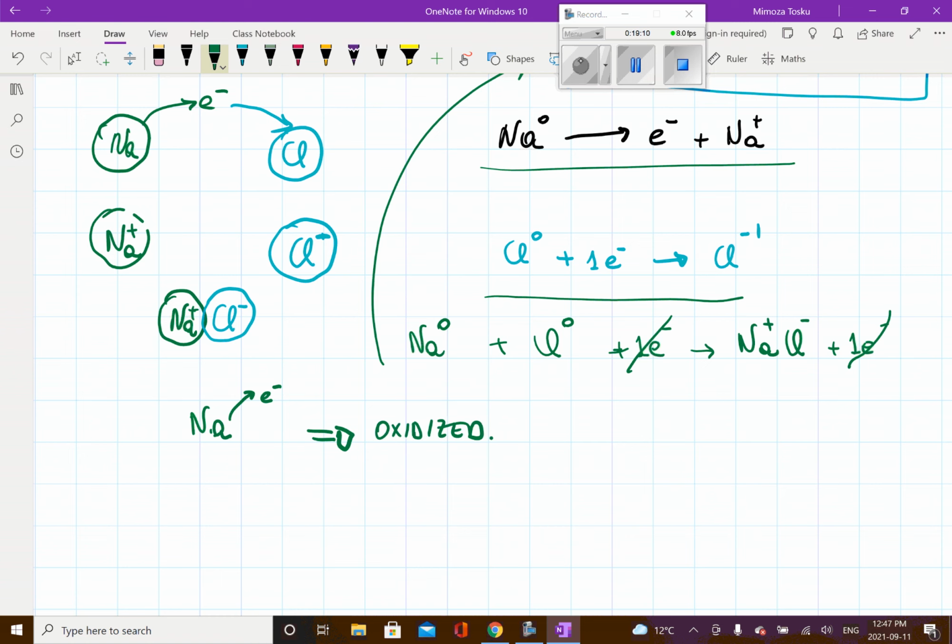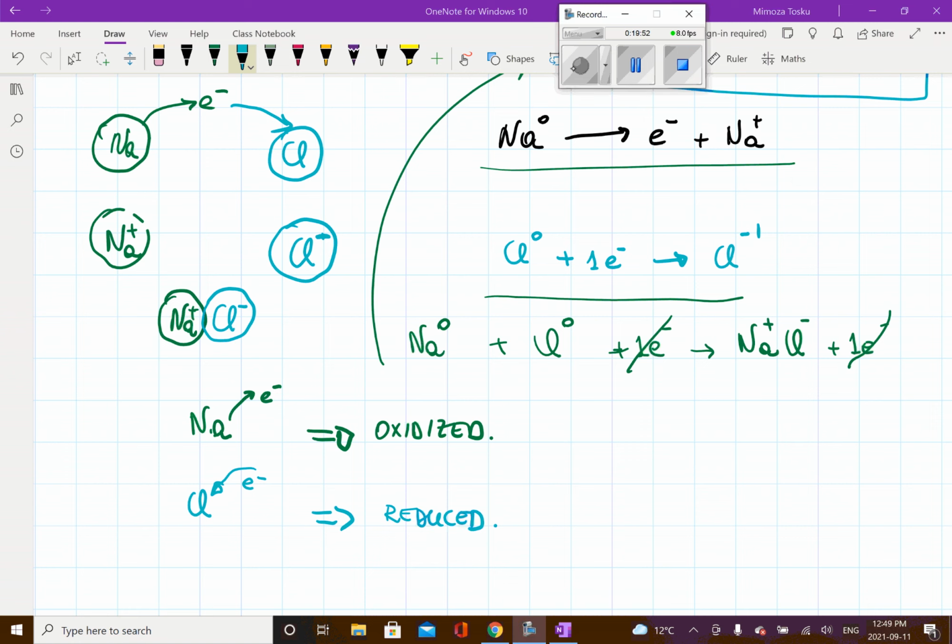And chlorine, on the other hand, is grabbing the electron that sodium is releasing. Remember that reduction is gaining, so chlorine is reduced.